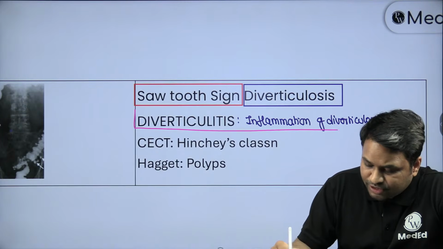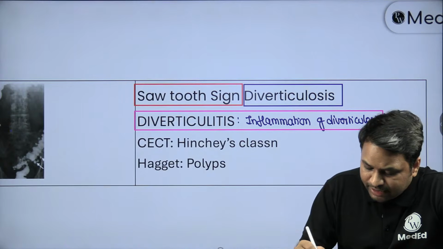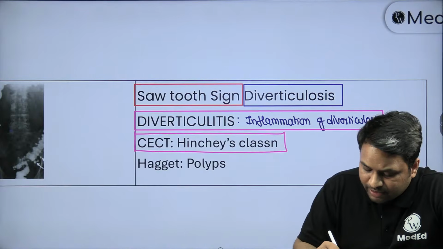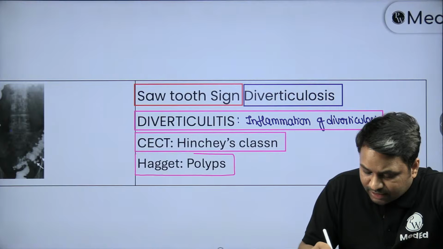Remember, the classification that we use for the inflammation of diverticulosis is Hinchey's classification. And remember, Hinchey's classification is done on the basis of CECT, right? Haggitt is another classification that is done for polyps.